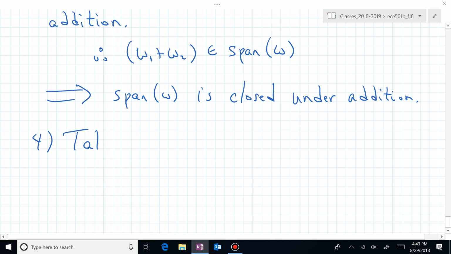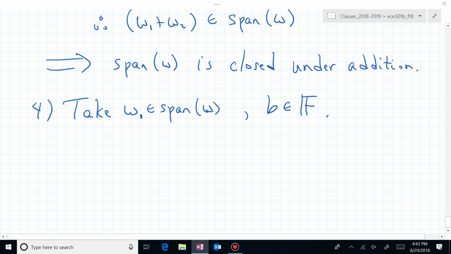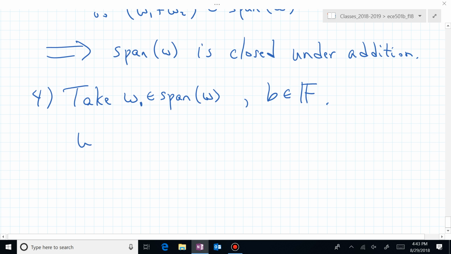So let's now just take one element from the span of W, and let's pick a B from our field. So if W1 is in the span of W, then we have A1 V1 plus A sub 2 V2 plus and so on up to A sub n V sub n.